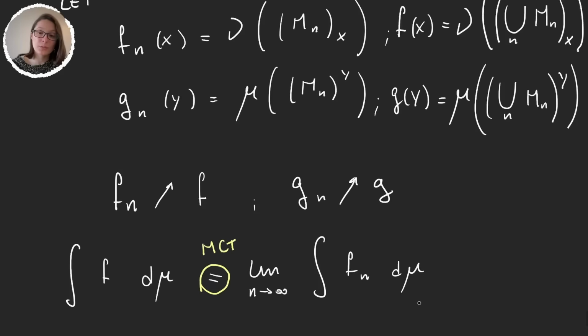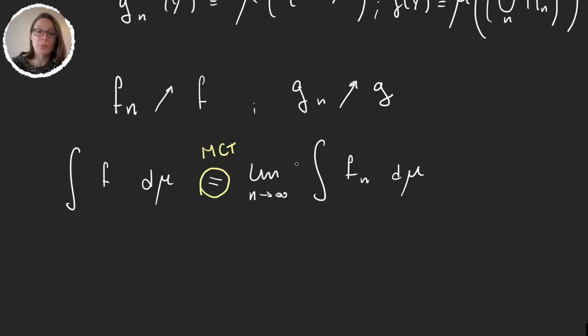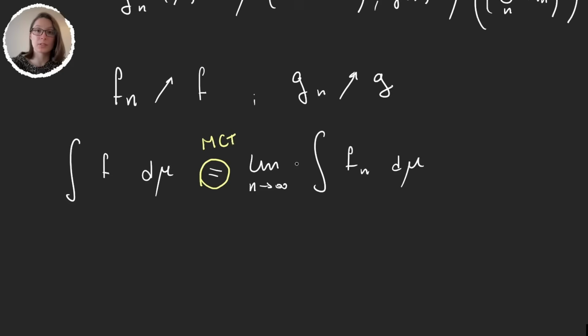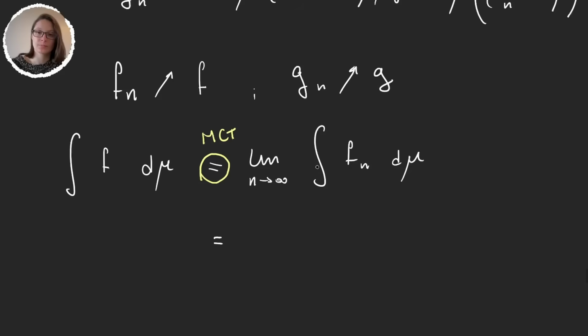But now each of these integrals, because the sets Mn are all in our big set M, we know that each of these is the measure of the whole set. So I will have the limit as m tends to infinity of the product measure of the set Mn.